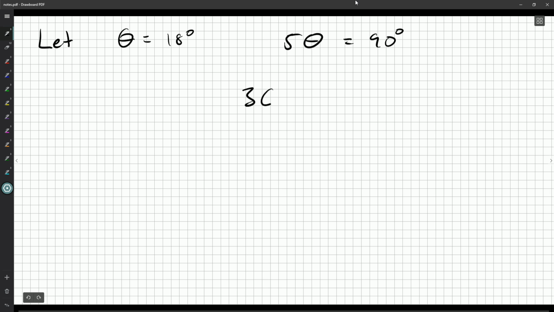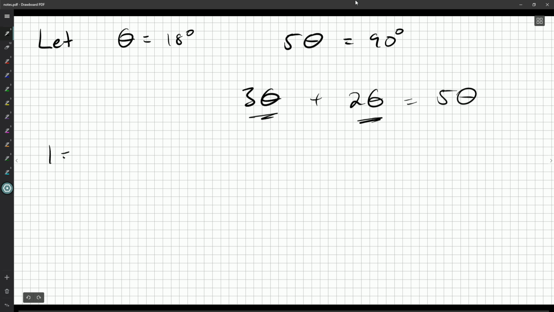If I use the 3 theta and a 2 theta, I can make 5 theta. Whether or not this helps, I'm not entirely sure. Because that would at least break it, because I know how to work with 2 thetas, I know how to work with 3 thetas.